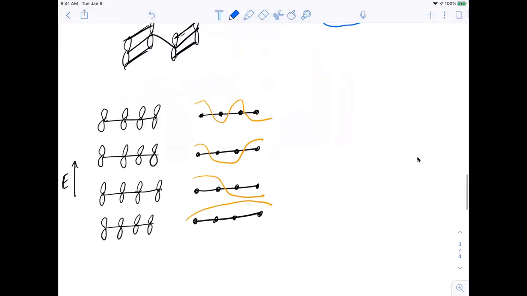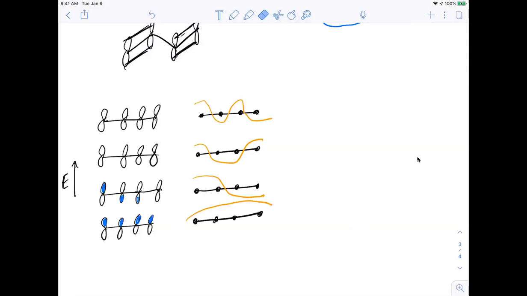The impact of that is if we look over here at our P's, if there's no nodes, what does that mean as far as the phasing of our p orbitals? All of them are on the same side, so we can color one side of those all the same. If we look at our second one, we have 1 node.